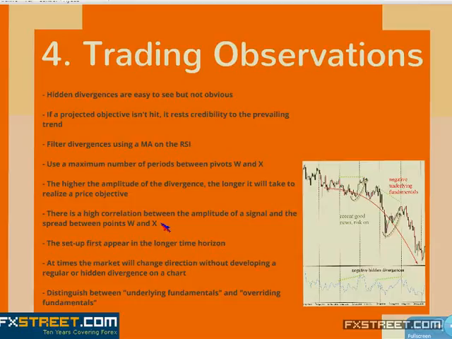It may happen with patterns of other kinds, triangles, for instance, wedges. You may find that within a wedge, on smaller time frames, you have smaller wedges, like a fractal. It will develop the same pattern within smaller and smaller time frames.